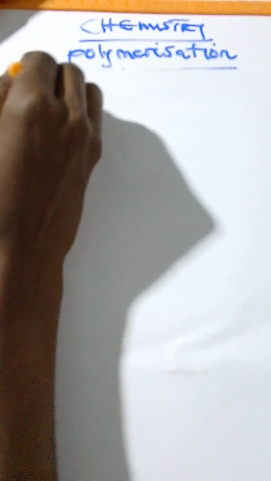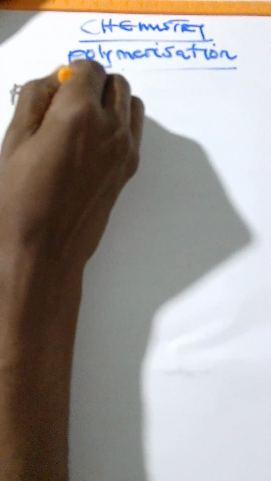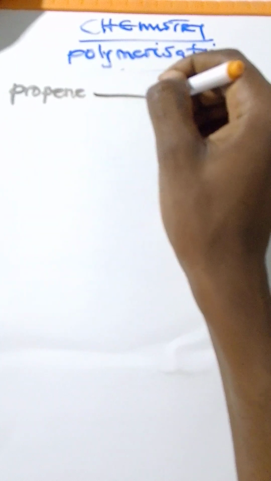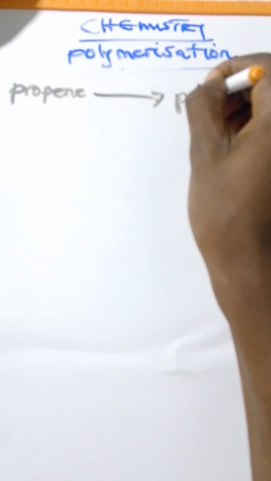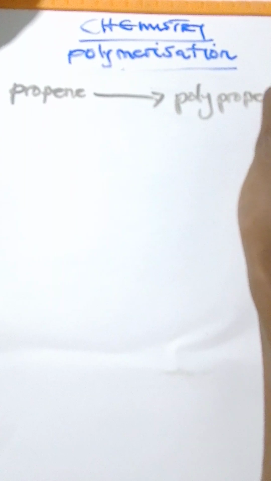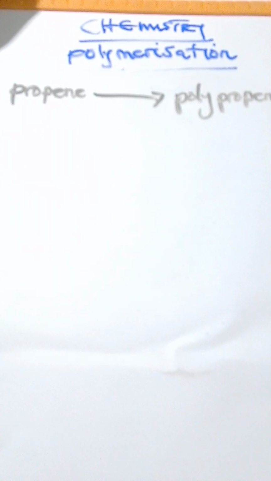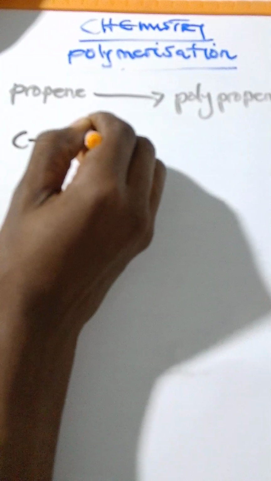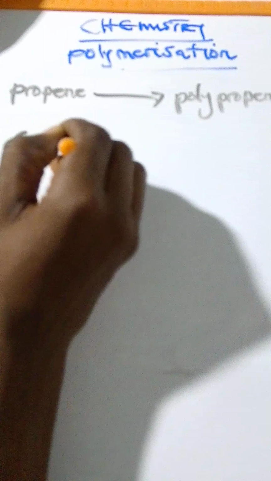So we have propene undergoing polymerization to form polypropene. Structurally, this way you need to be careful. In the normal sense, propene has three carbons. It's like this. Let me put my double bond here.